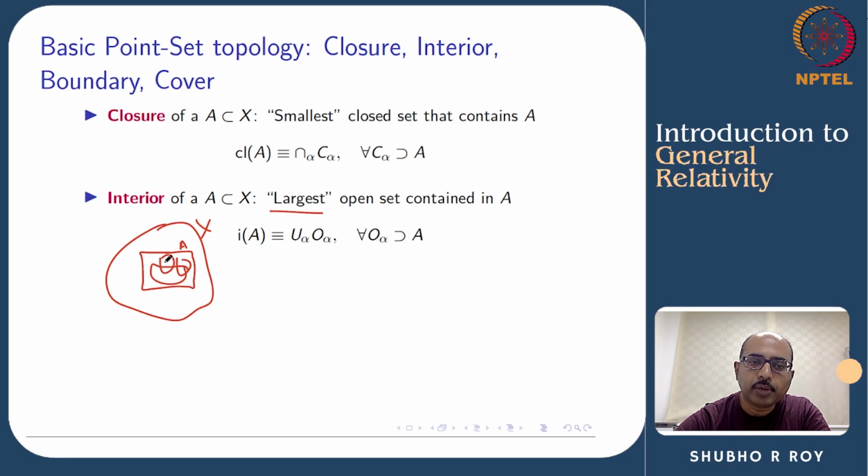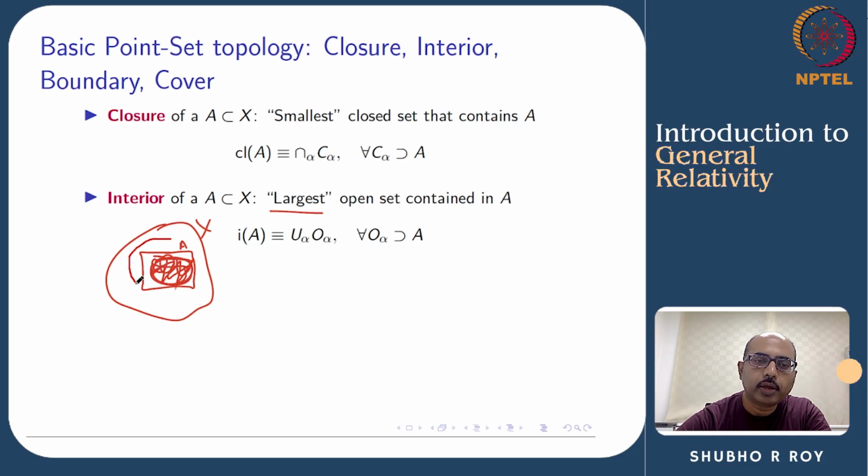So the union of all the open sets which are contained inside A is the largest open set which is contained inside A. So that gives you the interior. So that shaded region will give you the interior of A.